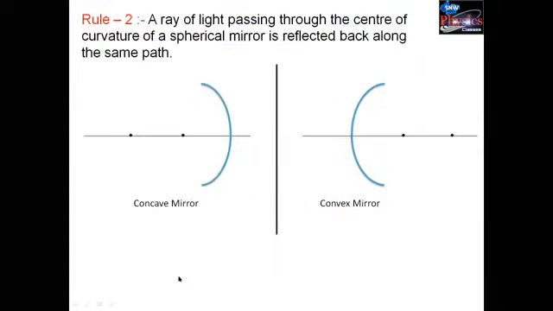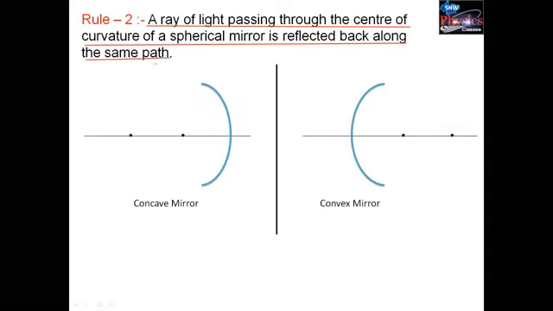Next rule says that a ray of light passing through the center of curvature of a spherical mirror is reflected back along the same path. What is it saying?